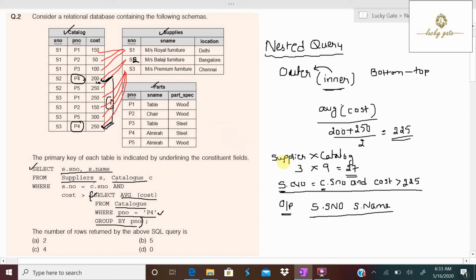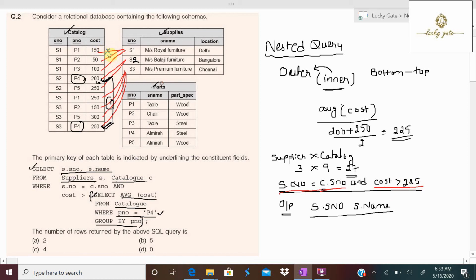Here the first condition is s number equal to c s number, meaning the tuples satisfying this condition are 9 tuples. Among these 9 tuples, it is going to select only those tuples satisfying the condition cost greater than 225.